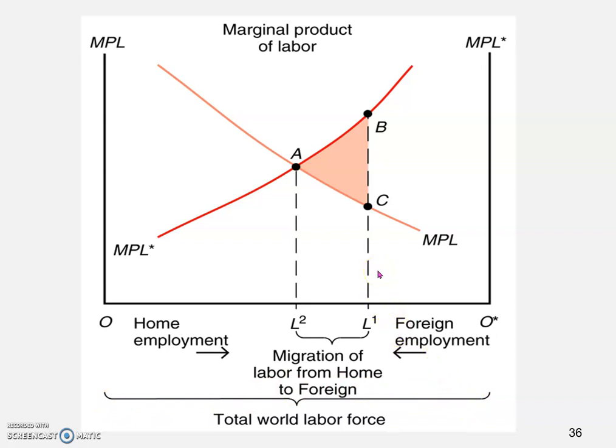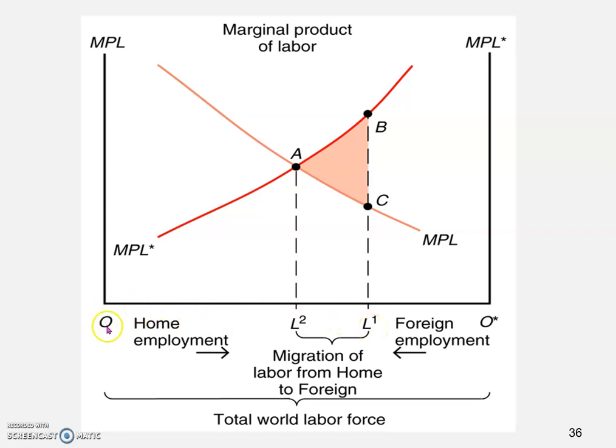So once we understand the basics of this graph, then we can go ahead and do our analysis. Remember, our assumption is home has more labor than foreign. That's why here we marked L1 at this point.